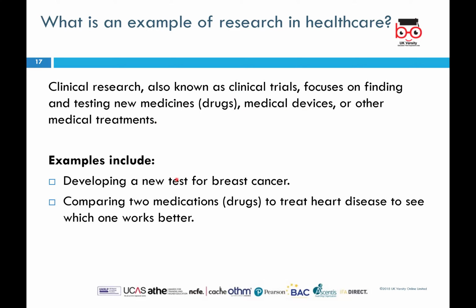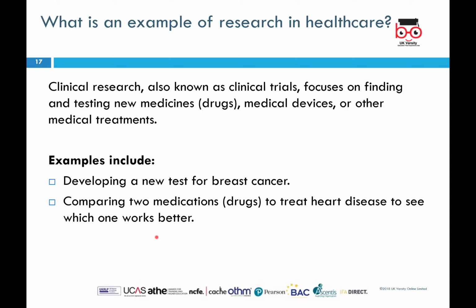You could see the previous tests that were done, and now you want to see a new test, and your objective here is to prevent the progression of breast cancer, so that you don't have to let that patient suffer from chemotherapy or surgery or radiotherapy. And then one research topic would be to compare two medications or drugs to treat heart disease to see which one works better. So you're treating patients with one drug and then you're using a new drug.